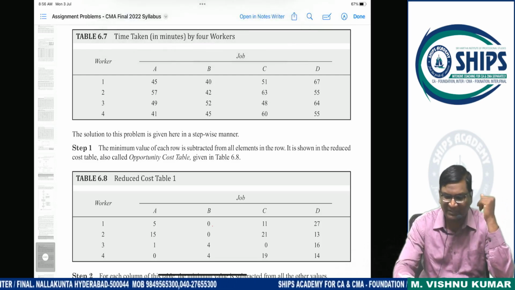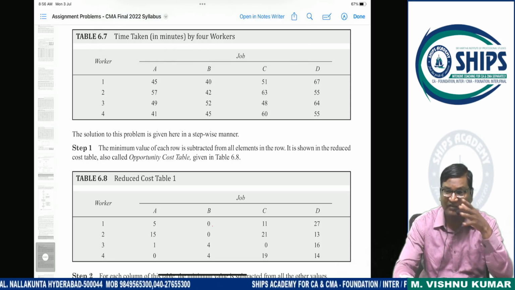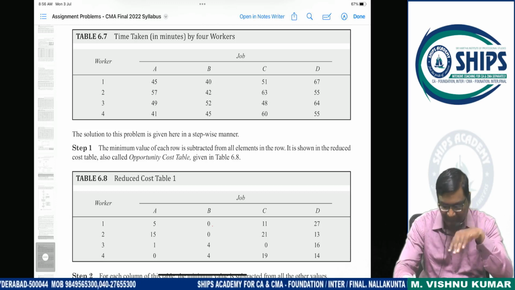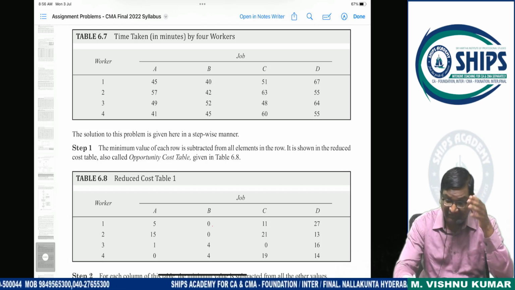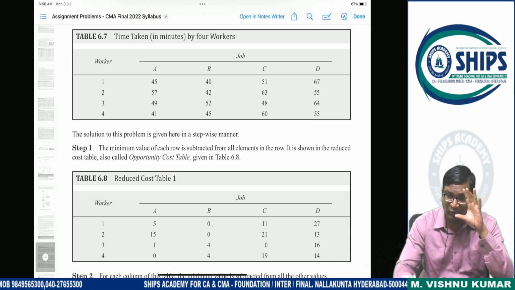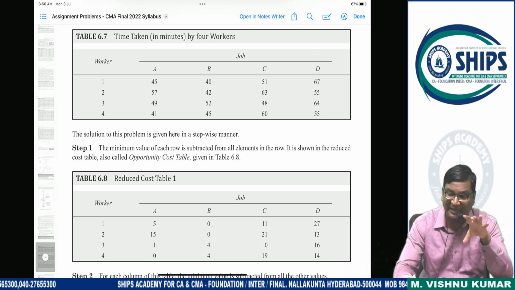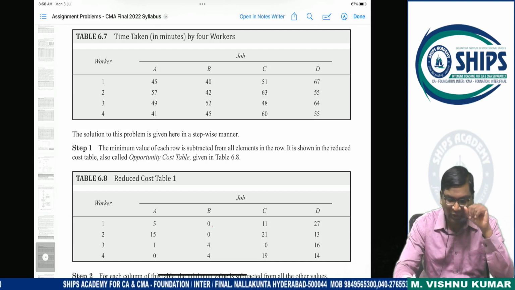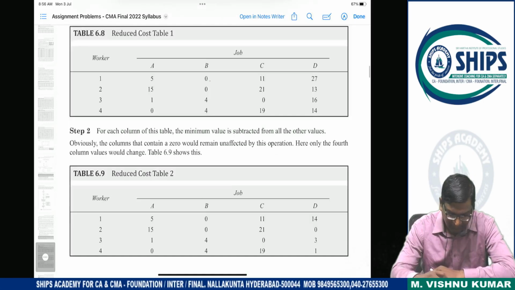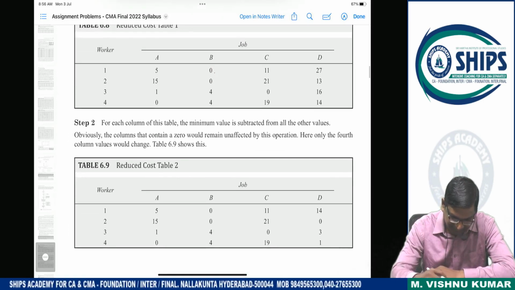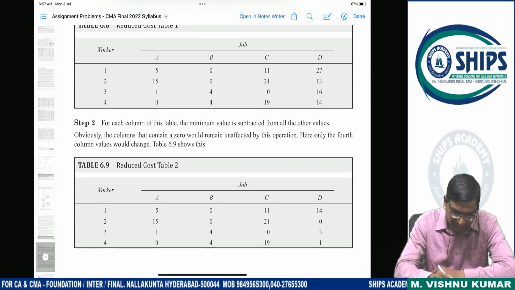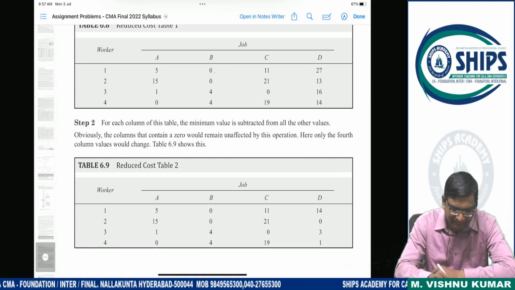Now column operation will be performed after row operation. On the resulting matrix of the row operation, column operation is performed. So this is the column operation. First column, what is the minimum item? 0.